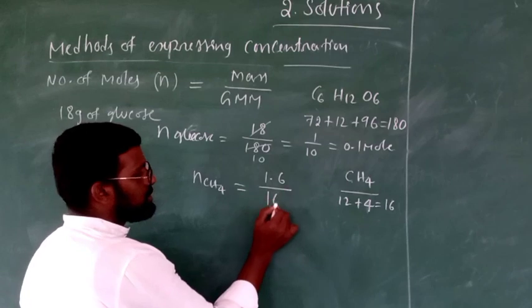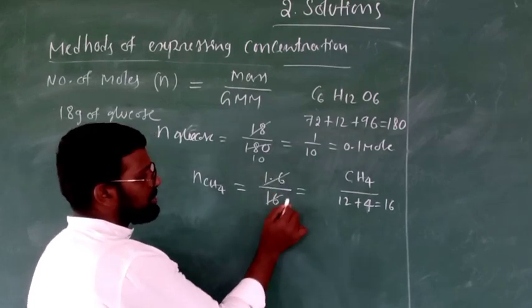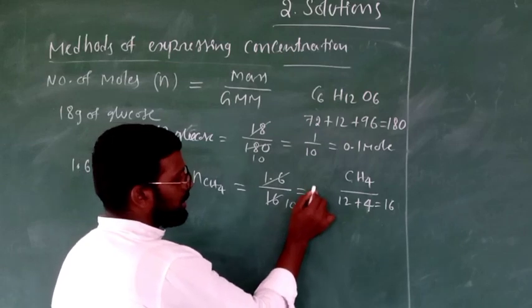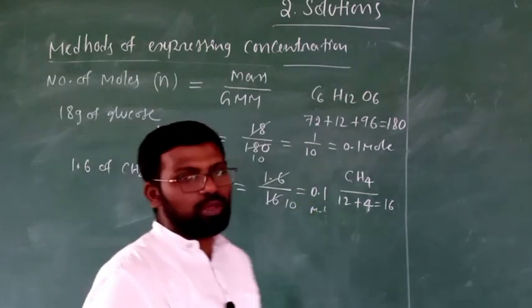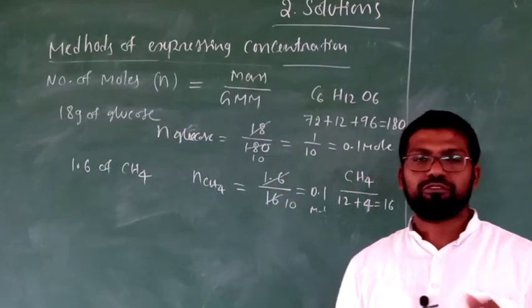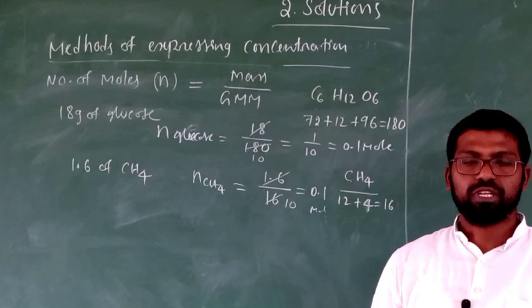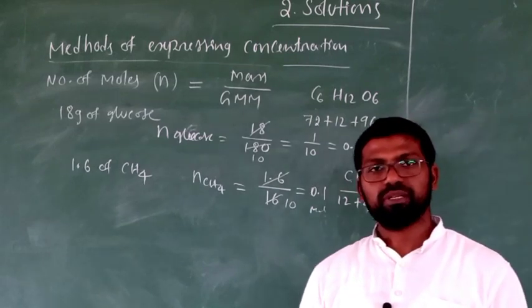That means 1.6 by 16, that is 1 by 10, again 0.1 moles. Similarly, if you know the mass of any component and its gram molar mass, you can find its number of moles. If you know the number of moles, mole fraction can easily be determined.